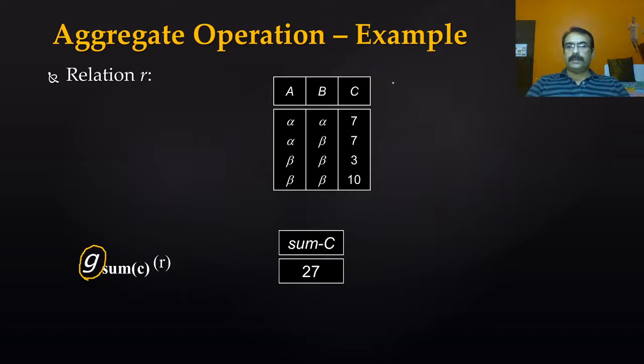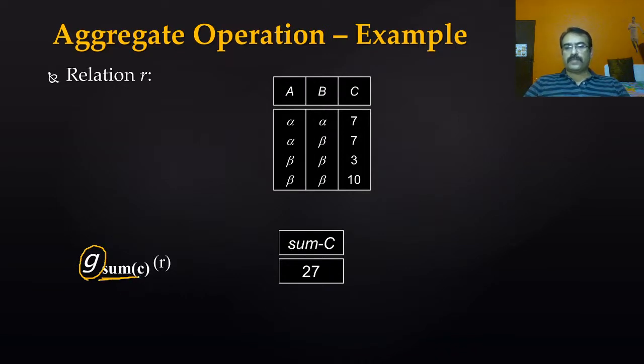Sum is the keyword, or default word which can be used. So average AVG, minimum MIN, maximum MAX, sum SUM, and count COUNT. These are the functions which I can directly use.